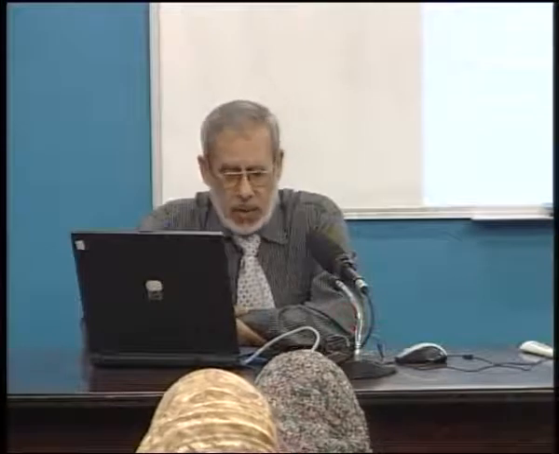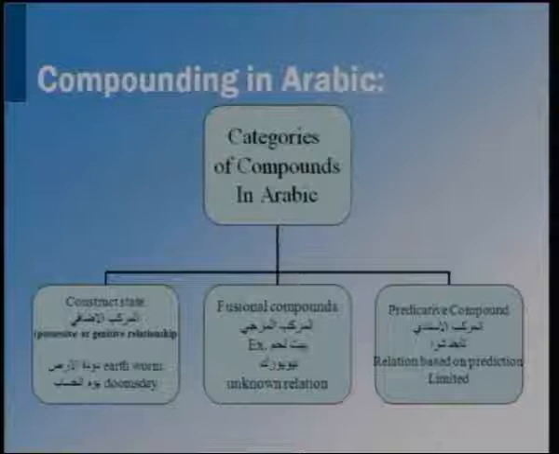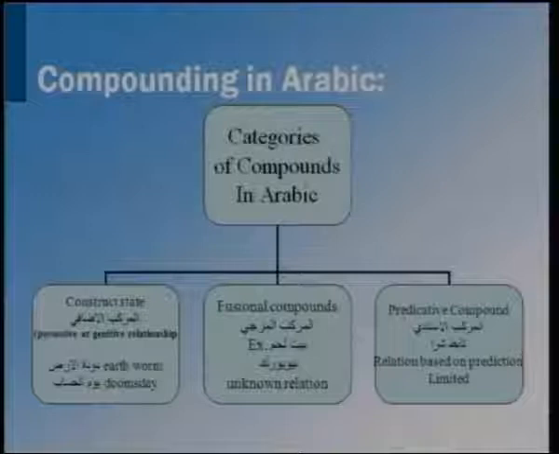When I say قصر الملكي, it is a construct state. دودة الأرض, construct state. يوم الحساب, construct state. Okay, so all compounds in Arabic are open or spaced. We don't have hyphenation in Arabic at all.